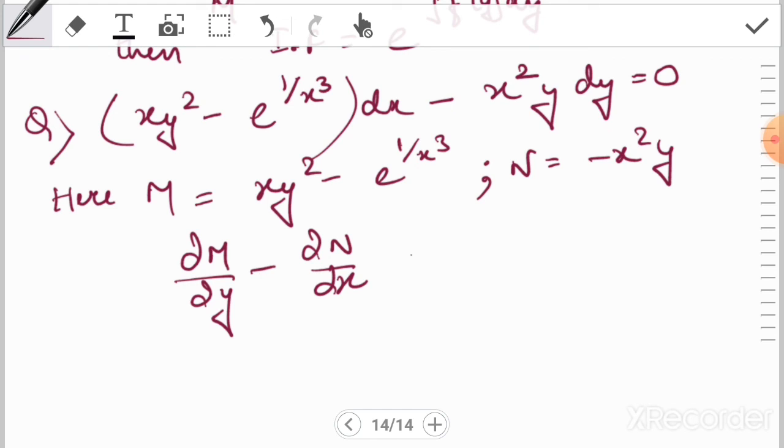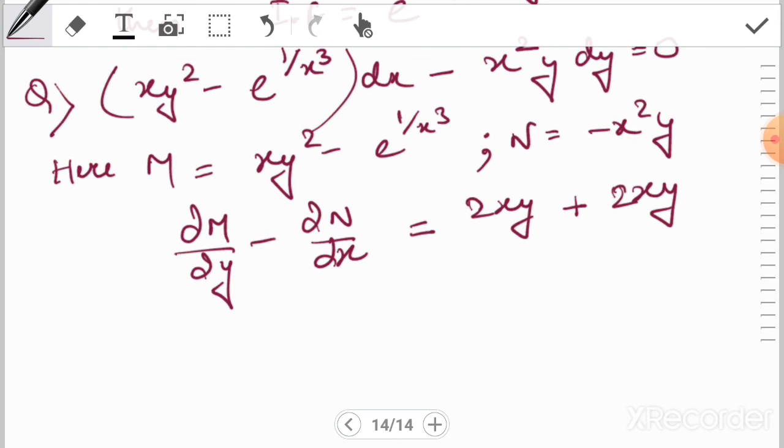This is equal to 2xy, and minus del n by del x, which will be minus of minus 2xy, so 2xy plus 2xy, and so this is 4 times xy.